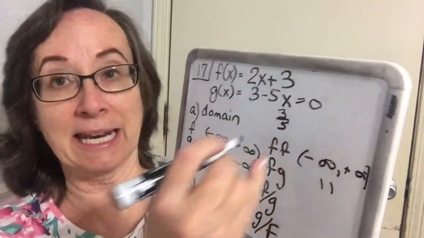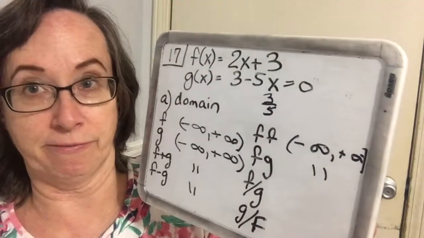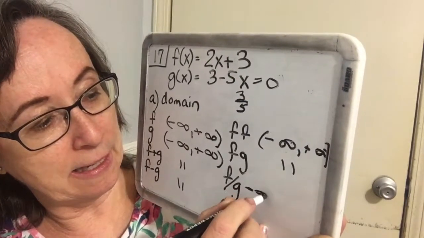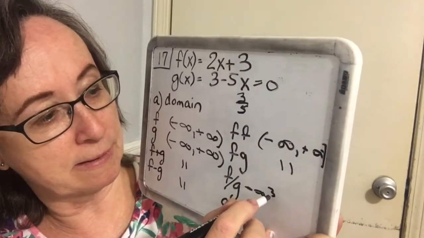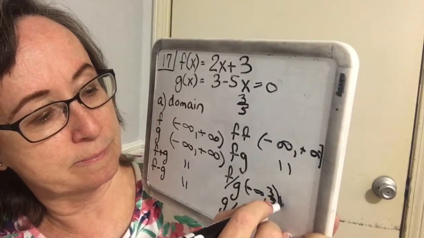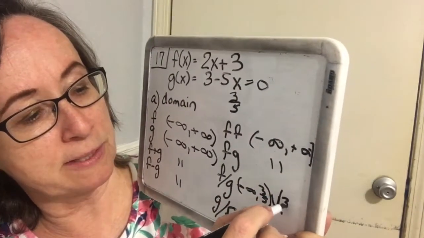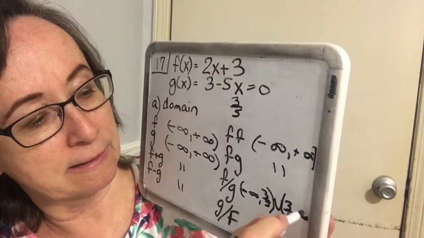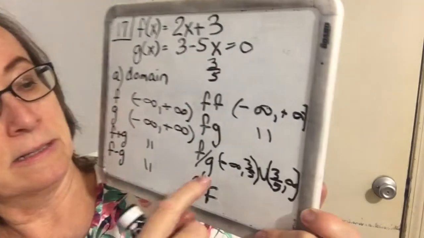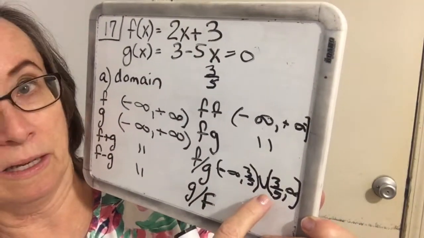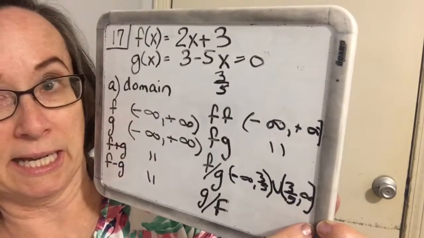So we can't let it equal 3/5. So we're going to have negative infinity to 3/5 union 3/5 to positive infinity.